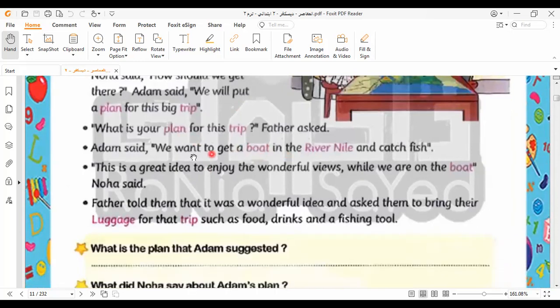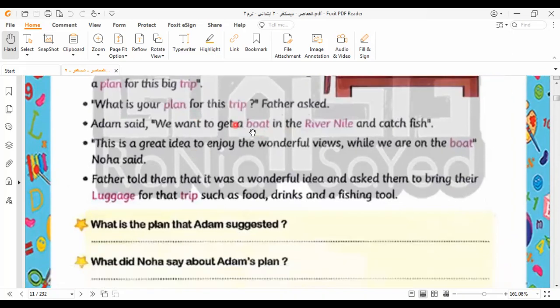Adam suggested that they want to get a boat in the river Nile and catch fish.